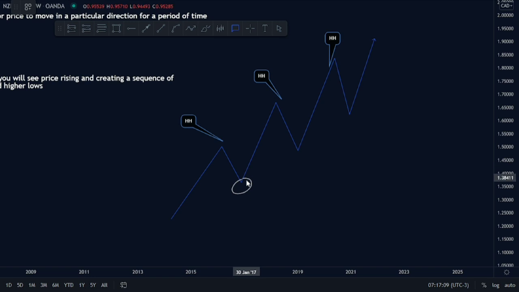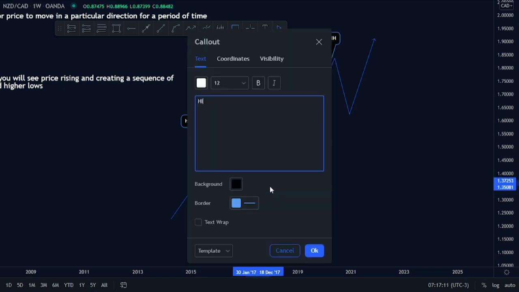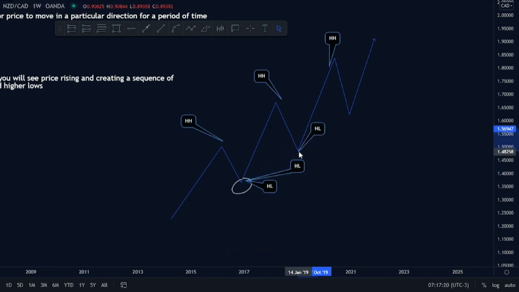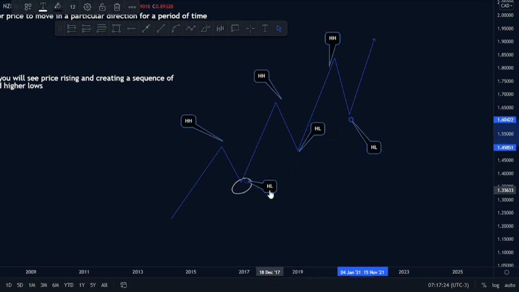At the bottom we have higher lows, which is HL. So for an uptrend, price will give you a sequence of higher highs and higher lows.